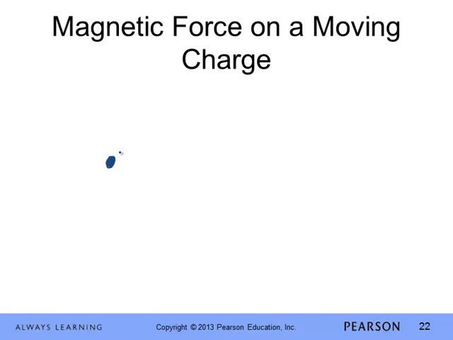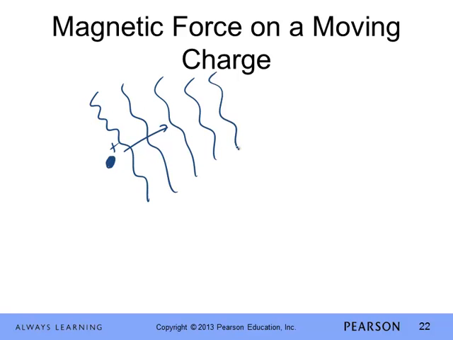But some other elementary particle that's got a charge on it, maybe a positive or a negative charge, and it's going in some direction, and then all of a sudden some magnetic field gets applied, and that magnetic field is indicated by a capital B, and it's a vector valued function.